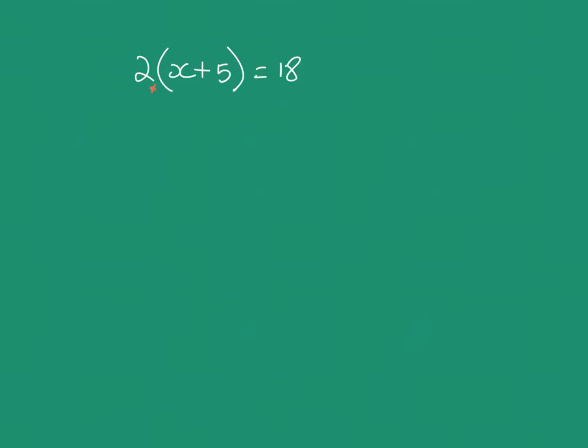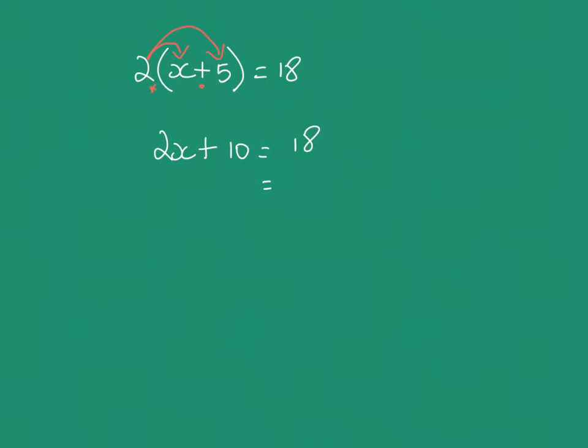So in this case, to solve this, we would go 2 times x, which equals 2x, plus, now the reason why it's plus is because there's a plus here, and then 2 times 5, which is 10, equals 18. So now we have gotten rid of the brackets.